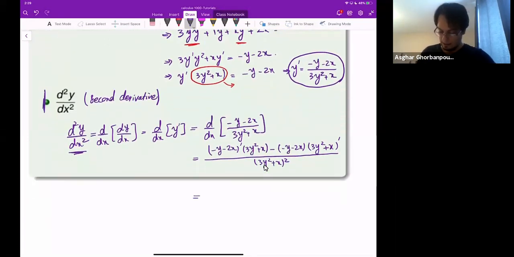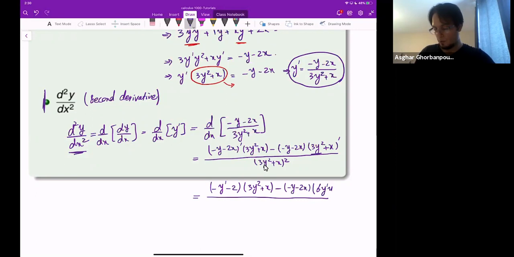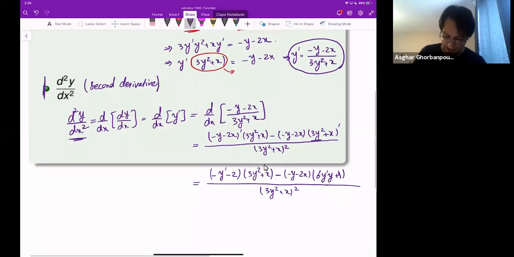And with the derivatives in place, we get minus y prime minus 2, times 3y squared plus x, minus y minus 2x times this guy here. The derivative is going to be 6y prime y plus 1. And in the denominator, the same squared. What we found is that the second derivative is equal to that.